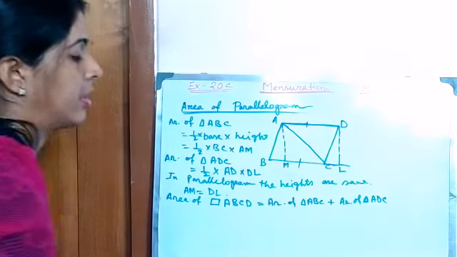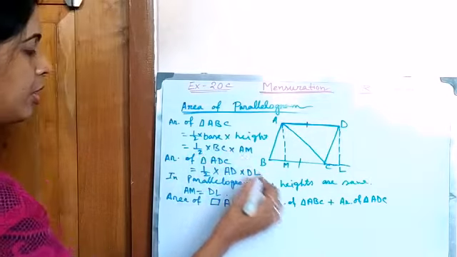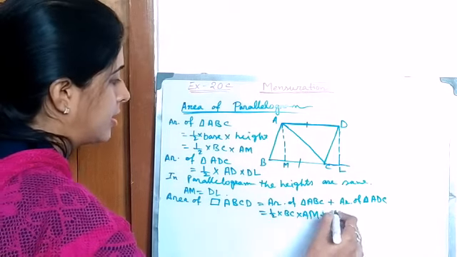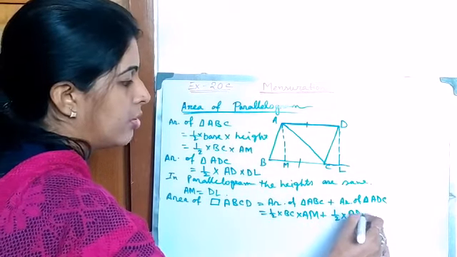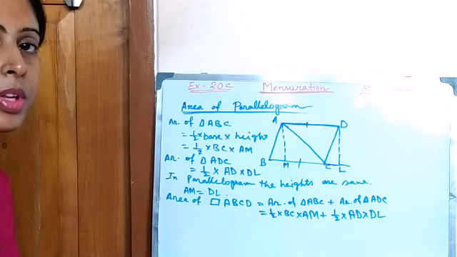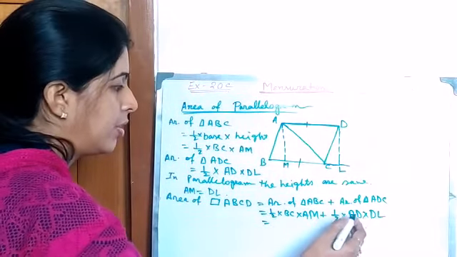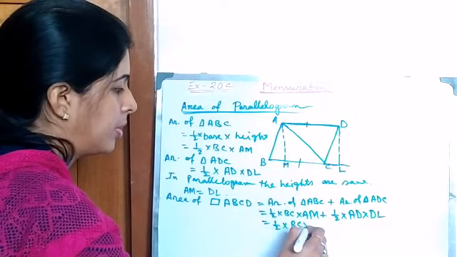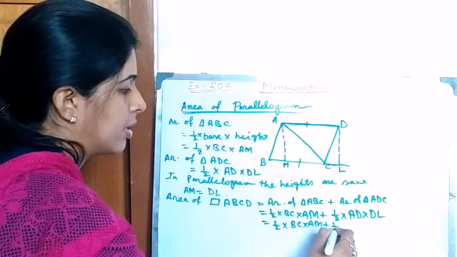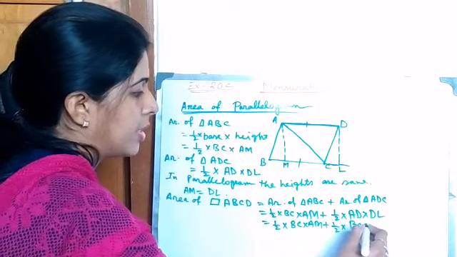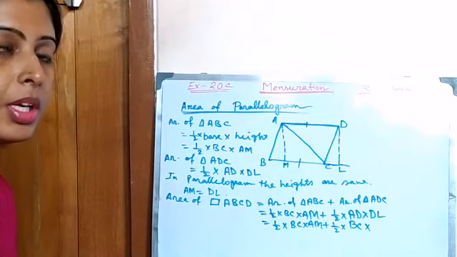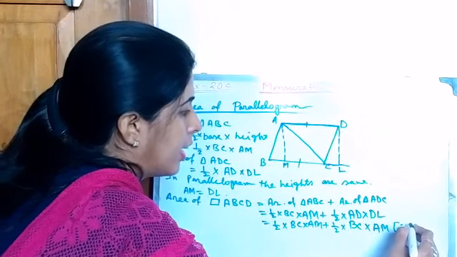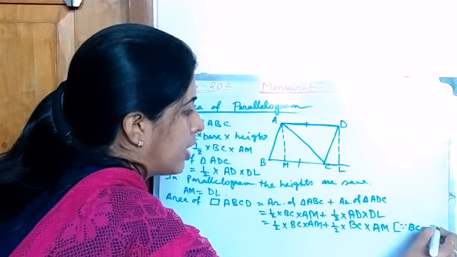Now I put here half into BC into AM plus half into AD into DL. Here BC equals AD because opposite sides are equal. Half into BC into AM plus half into BC into DL, and DL and AM are equal, so this will be AM.